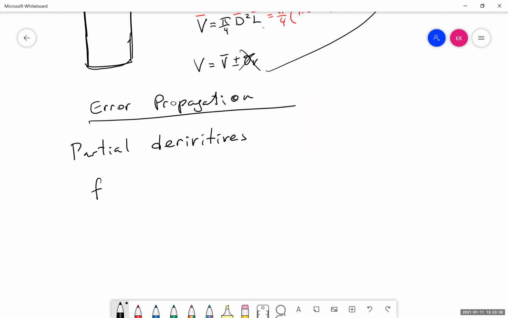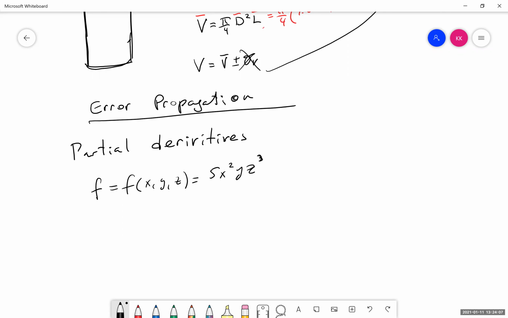So let's say we have some kind of function f that has multiple variables, f of x, y, and z. Let's say this quantity is 5x squared y and z cubed. Let's say this is what our function f is. One of the things I can do is take a derivative.